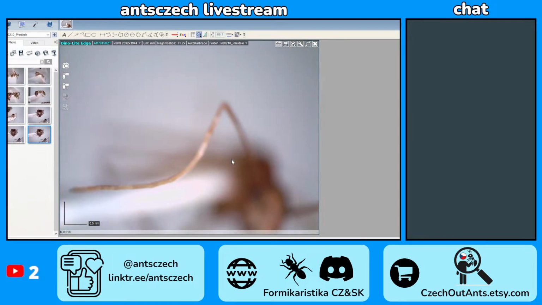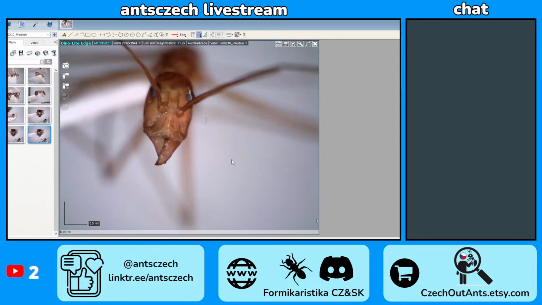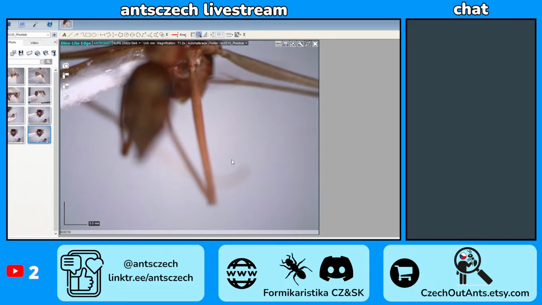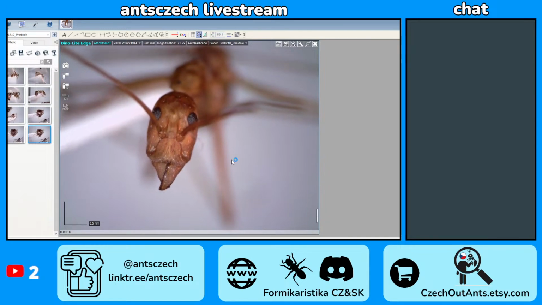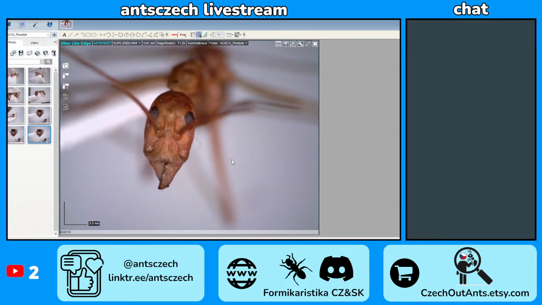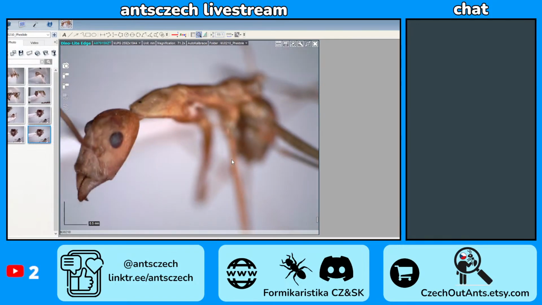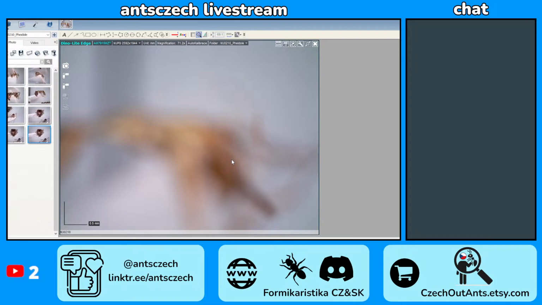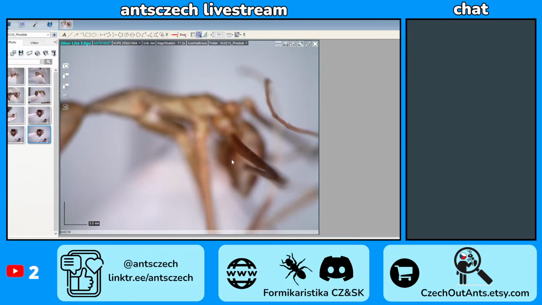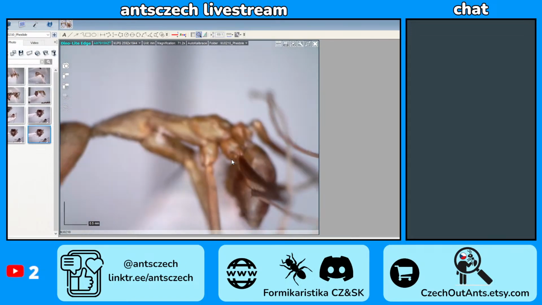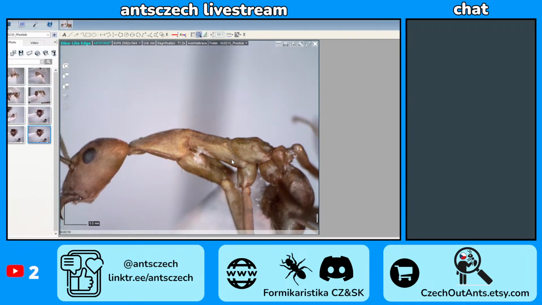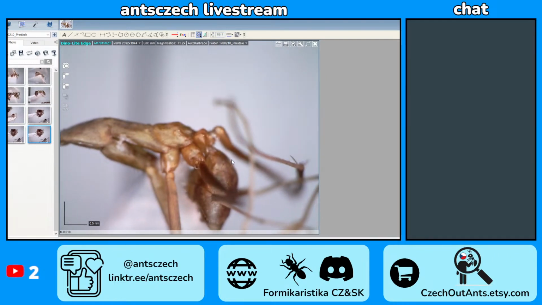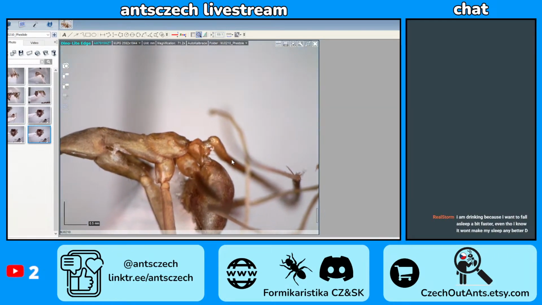Not sure. I only see the Camponotus. Oh no. That shouldn't be a Leptomyrmex. From where is it? PNG? Oh. Yeah, okay, they have Leptomyrmex. That's cool. But they don't have that many. I don't know what this thing is.